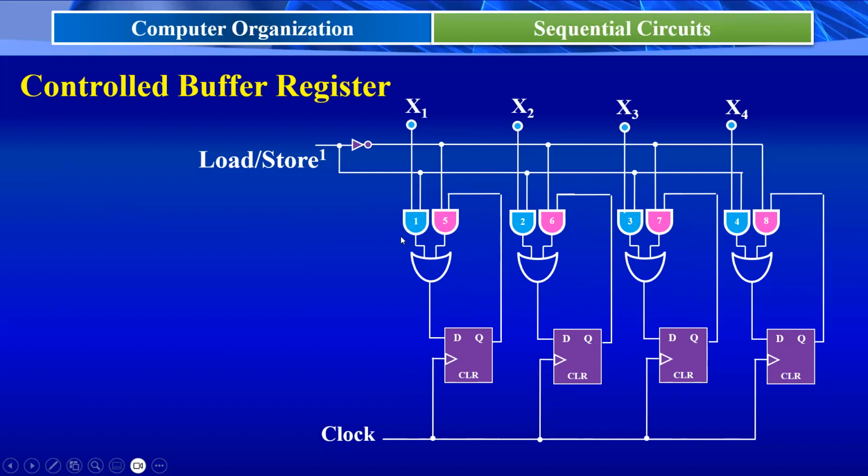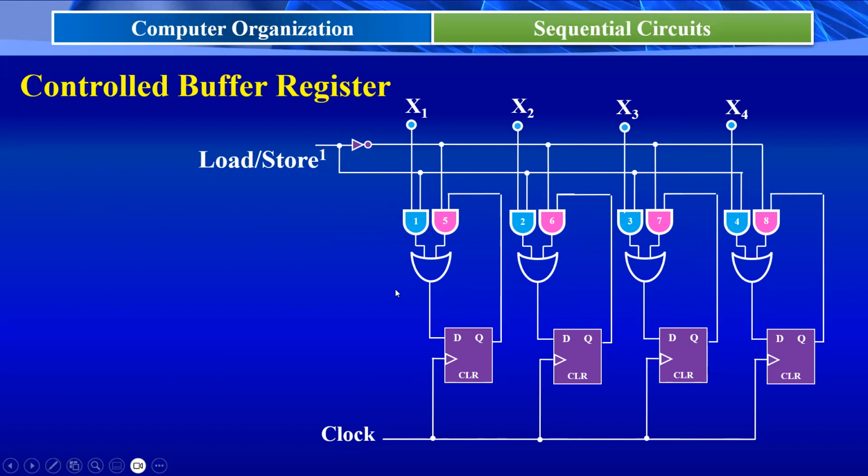Now the outputs of gates 1 to 4 depend on the X inputs, because one of the inputs of AND gates 1, 2, 3, 4 is equal to 1. According to AND logic, 1 dot x1 is equal to x1, so the output of gate 1 is x1. Similarly, the output of gate 2 is x2, the output of gate 3 is x3, and the output of gate 4 is x4.